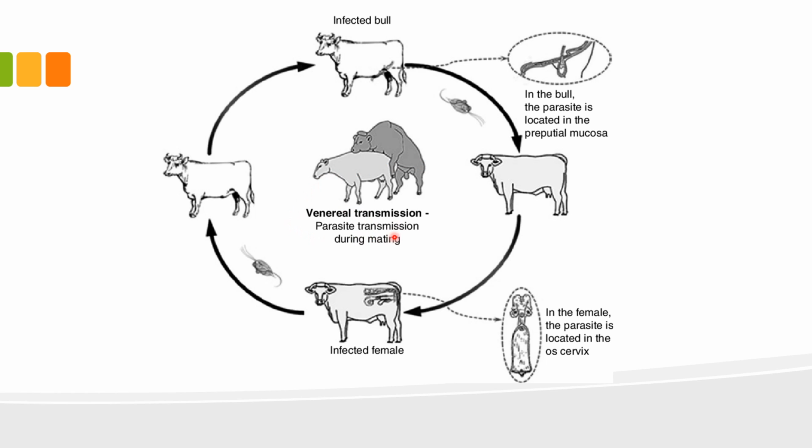Since the parasite is mainly transmitted through coitus, the other term for that particular transmission is venereal transmission. So venereal transmission is defined as the transmission of the parasite during mating.